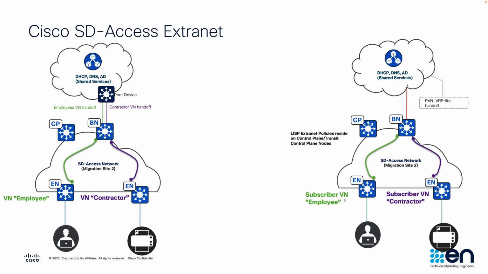So in case of extranet, route leaking at the peer device is not necessary for shared services and critical service access for hosts inside the fabric. The reason being, as it occurs naturally within the LISP control plane node and the transit control plane nodes in an SD-Access transit scenario which connects multiple sites.